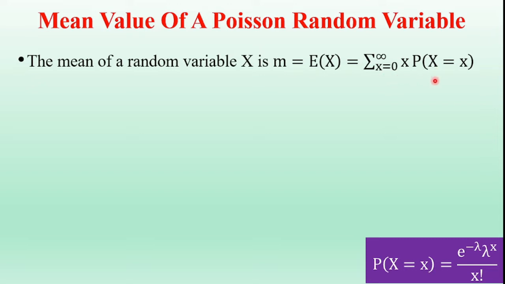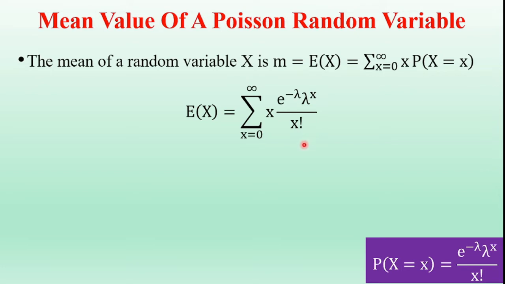What is the expression of the Poisson distribution? The distribution of the random variable is probability of X equal to x is e power minus lambda into lambda power x by x factorial. Substituting that expression on the RHS, we get expectation of X equal to sigma x equal to 0 to infinity x into e power minus lambda into lambda power x by x factorial.